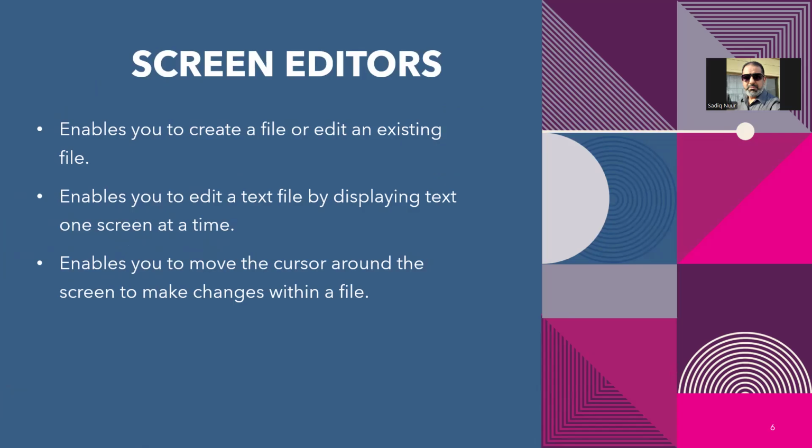They enable you to create a file or edit an existing file by displaying text on the screen at a time. They enable you to move the cursor around the screen to make changes within the file. In the line editor, you have to communicate using commands, whereas here, you can use your mouse to move around the screen.